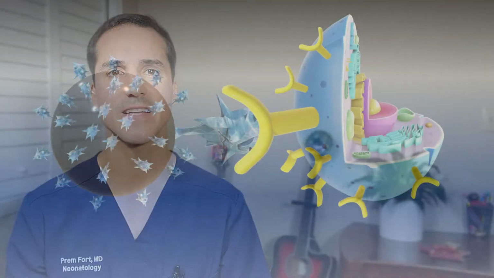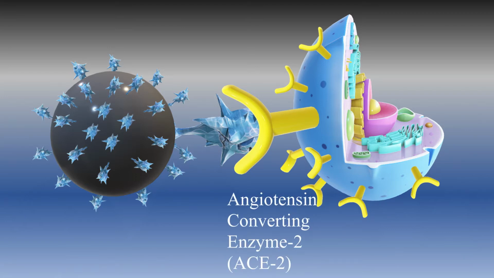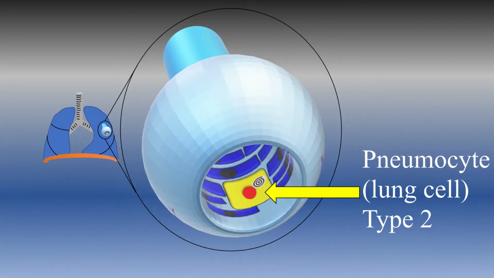So how does coronavirus actually enter the cell? It does so by using this S protein, or spikes. The S protein attaches to a molecule called ACE2, or angiotensin converting enzyme 2. This protein is found in different cell types of the organism, but one of those is pneumocytes. Pneumocytes are basically your lung cells, specifically type 2, and this is where surfactant is made.